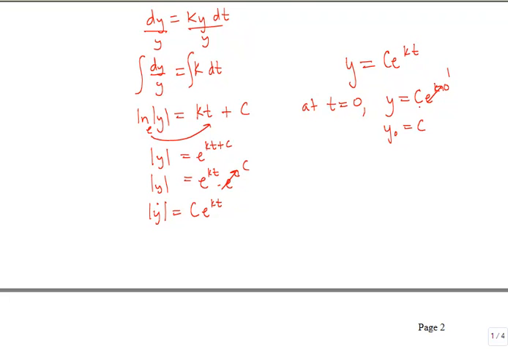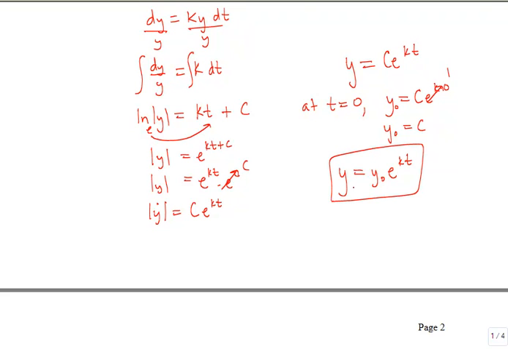So this c is going to be that initial population. So this equation becomes y equals y sub 0 e to the kt. So this gives you the population, if that's what you're talking about, at any time t where this y sub 0 is that initial population size.